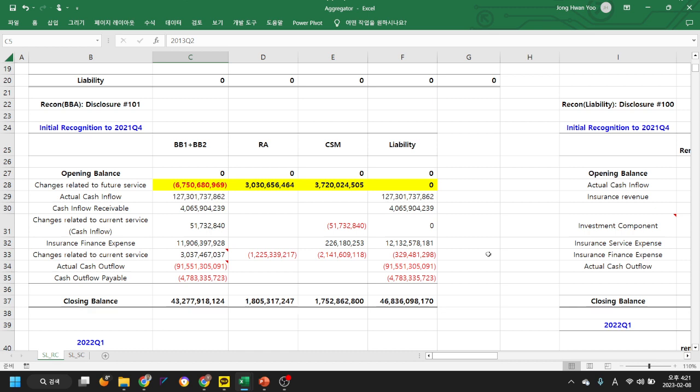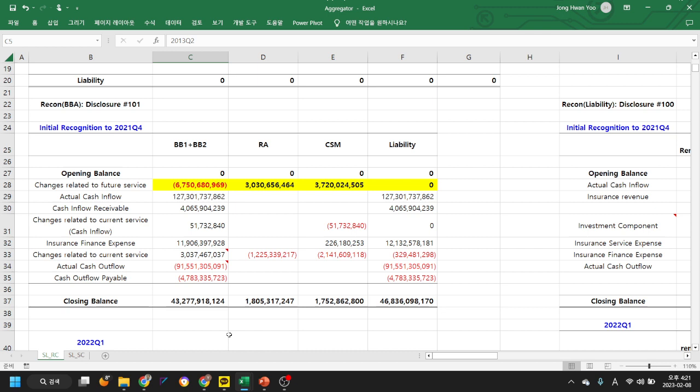So if I apply that all the way up to December 31st, 2021, then I start from here, and then the actual cash inflows from the database, and there are also inflow receivables as well, and there are some actual cash outflows and cash outflow payables as well. It has claims and expenses and everything.